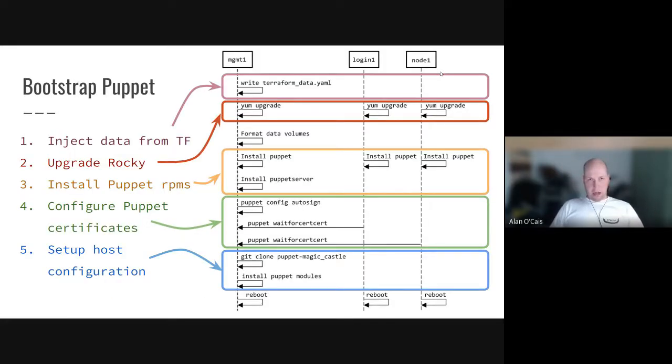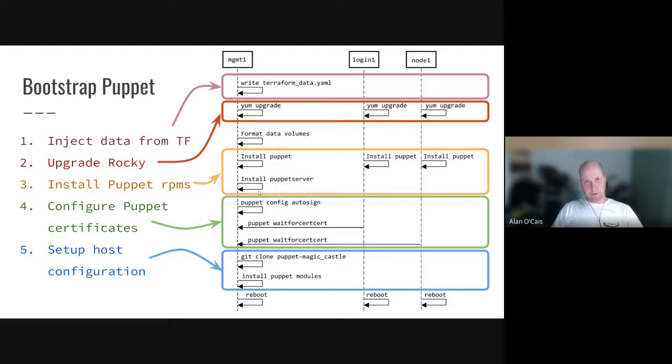But basically, how does Puppet work? The first thing is that Terraform injects some data, information about the system in general, and that's used. The thing that's going on right now is this Yum upgrade. We're upgrading the systems, and then on the management node, the next thing that will happen is formatting the data volumes, and then we get the Puppet installations on everybody.